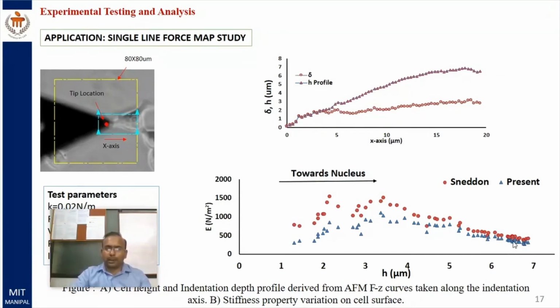While in the peripheral zone, where the substrate influence becomes very dominant, the Snellen's model is overestimating the properties, and there this present contact model does better and takes down those overestimated properties. This way we can make use of these derived equations to get more accurate force maps.